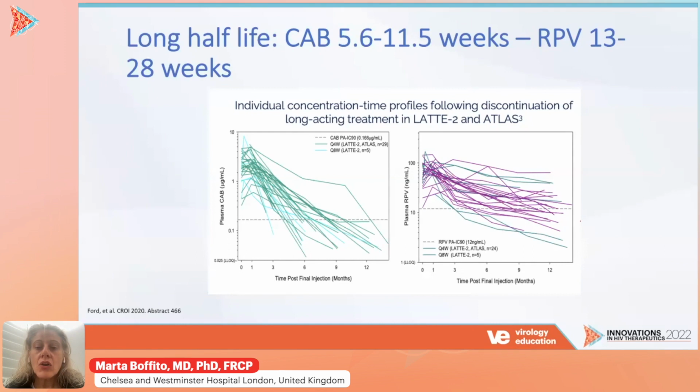And you can see the long-term persistence of the concentrations. Please keep in mind that the x-axis is months rather than hours, which is what you're more used to seeing when we look at the PK graphs of HIV treatments that are given daily orally. And this is consistent with the prolonged half-life of cabotegravir, which ranges between 5.6 and 11.5 weeks, and the long half-life of rilpivirine, which ranges between 13 and 28 weeks.